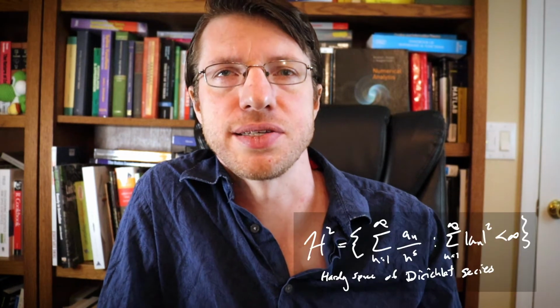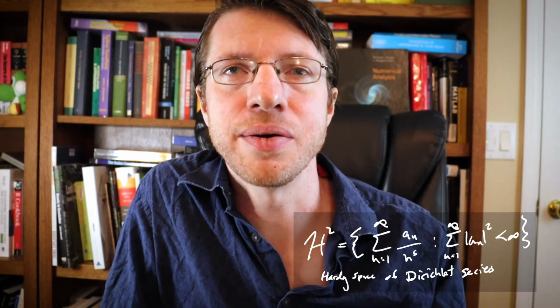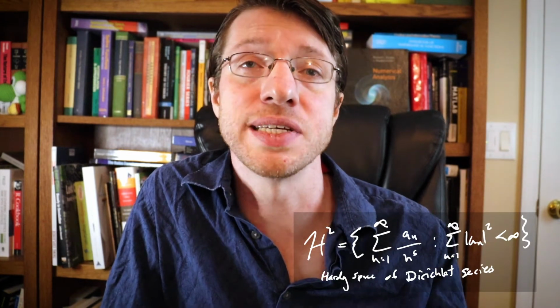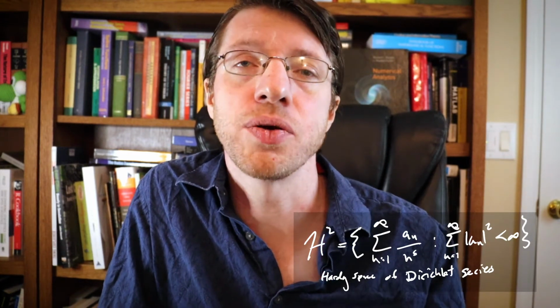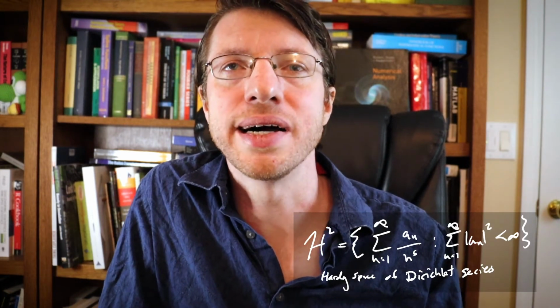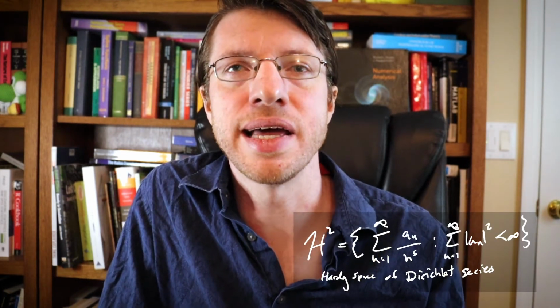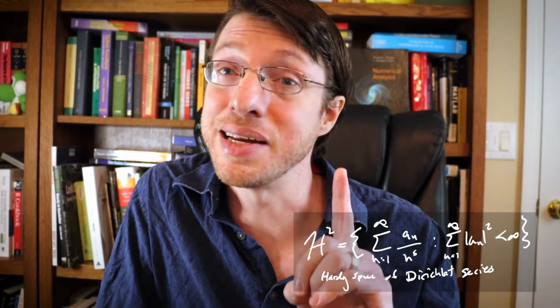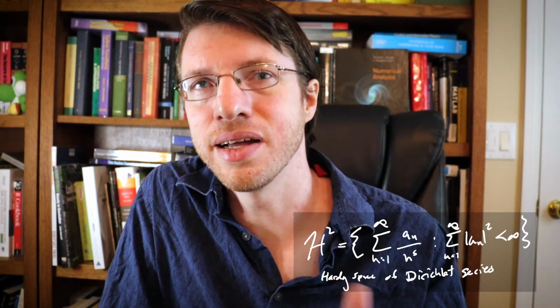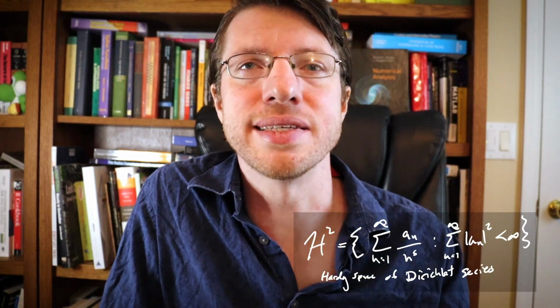On the other hand, we have another kind of space that is interesting to us, and that is the Hardy space of Dirichlet series. In that case, we have series that aren't in terms of z to the n, but rather 1 over n to the s, where s is our variable. It's the sum from n equals 1 to infinity, because you can't divide by 0, of a_n times 1 over n to the s.